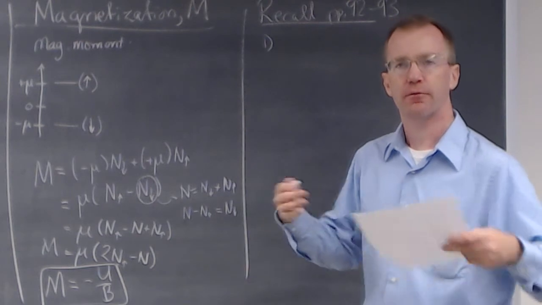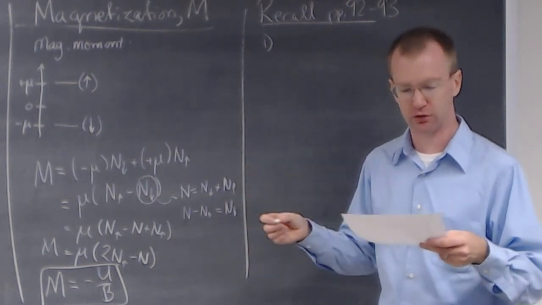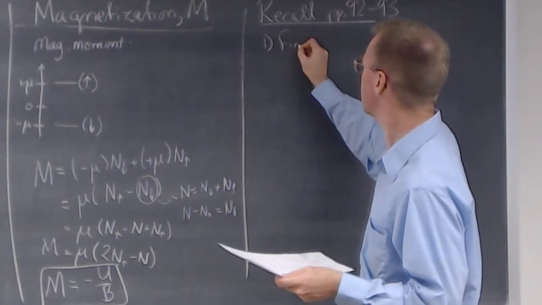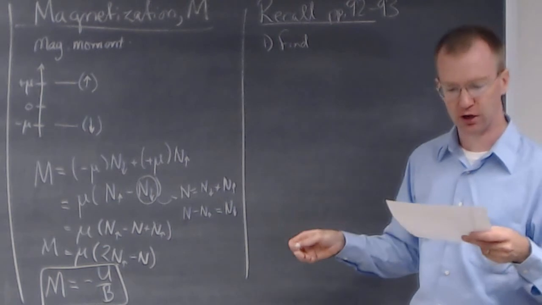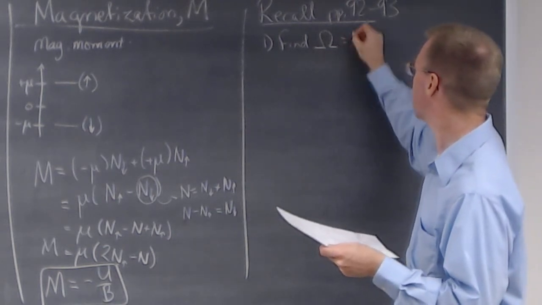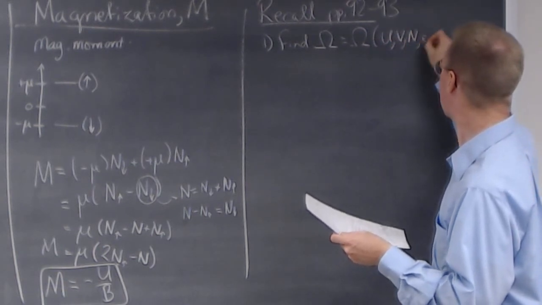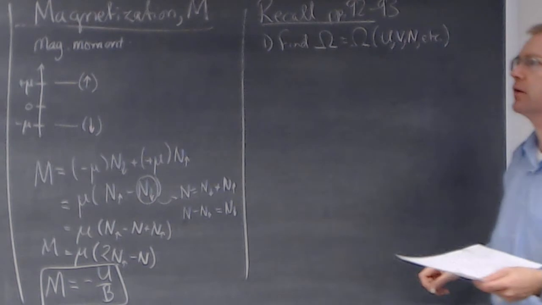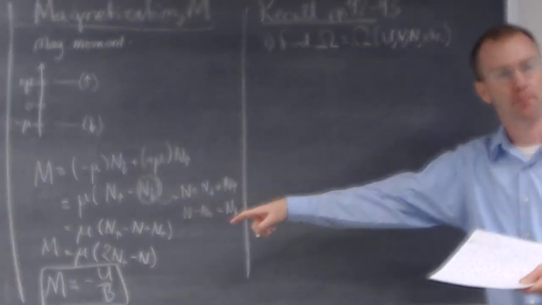First, figure out how the system works down at that probably quantum mechanical level, statistical level, and find the multiplicity as a function of whatever the interesting variables are. Often U, V, N, etc. In this case, we'll have M in there.